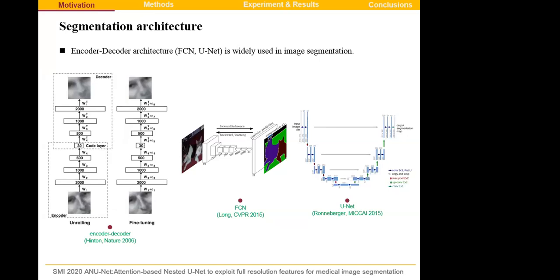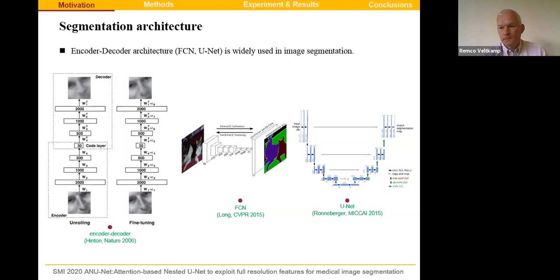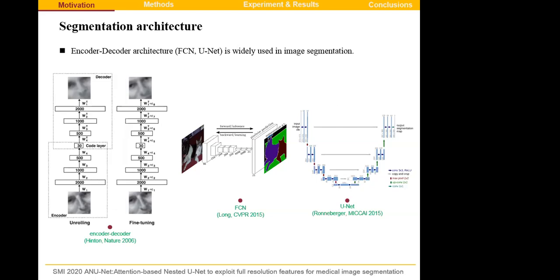However, the main role of the encoder-decoder structure was not for segmentation when it was proposed, but for compression of image and denoising. UNet was proposed later than FCN. Compared with FCN, UNet is completely symmetrical. That is, the left and the right side are very similar. And this architecture is what we would like to introduce.